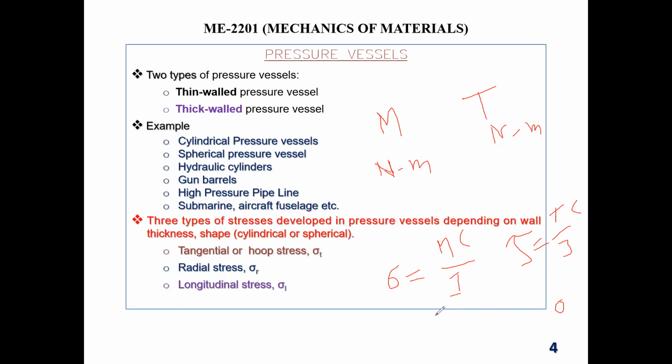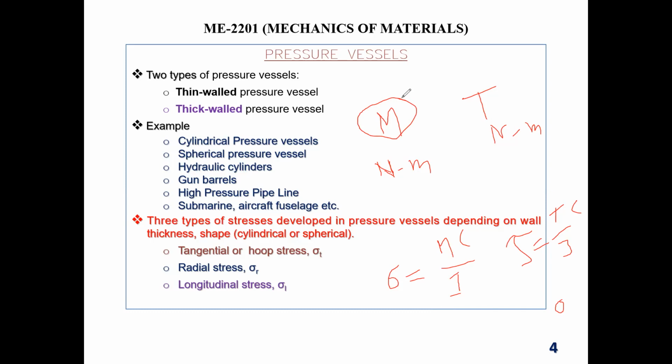So sometimes we put a short question: what is the difference between a beam and a column? Then sometimes we put the question: what is the difference between bending moment and torque? Due to moment, the material bends and it creates bending stress. Due to torque, the material rotates and it creates torsional shear stress.